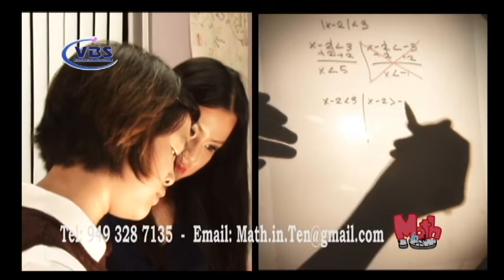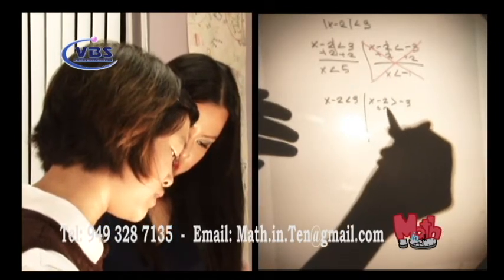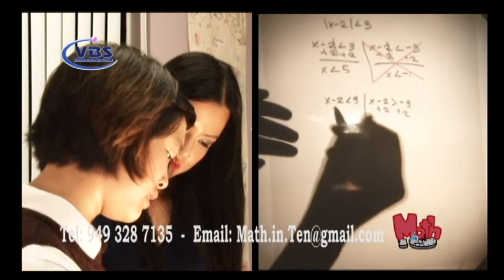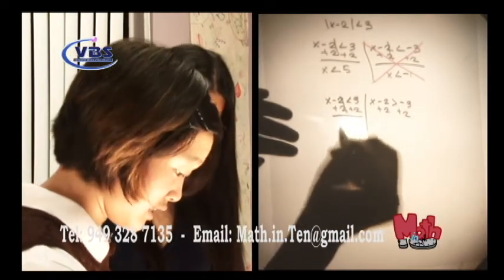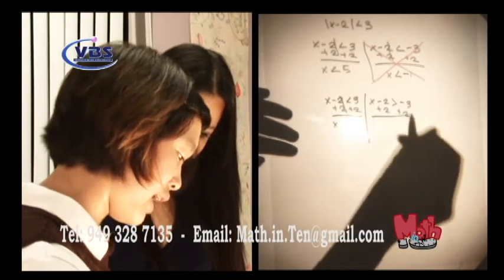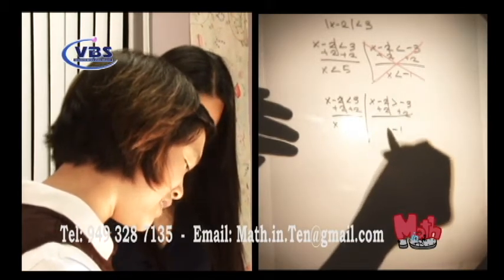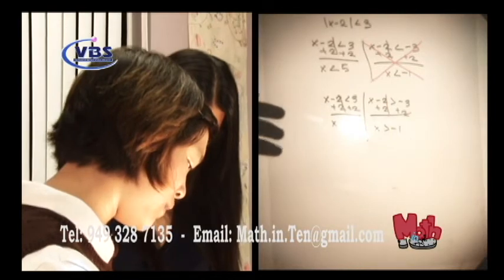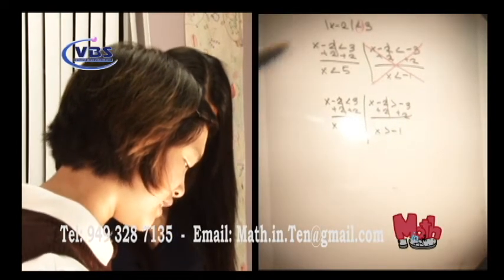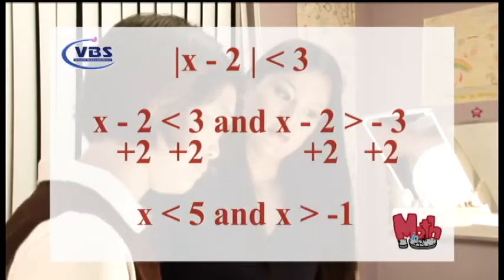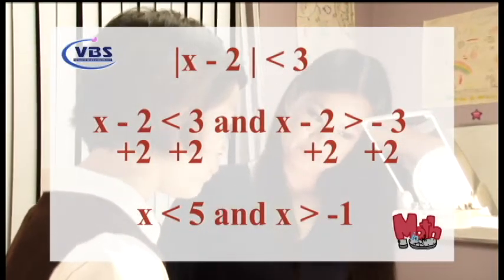Now add 2 to both sides on the first equation. Ends up as x is less than 5. Okay. And then add 2 to both sides on the second equation. You get x is greater than negative 1. Is that your final answer? Nope.